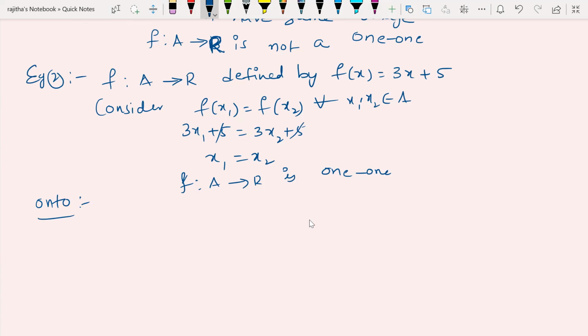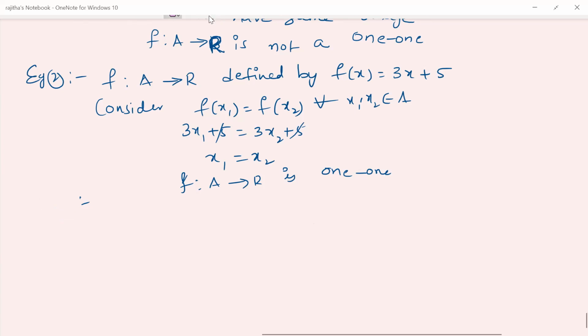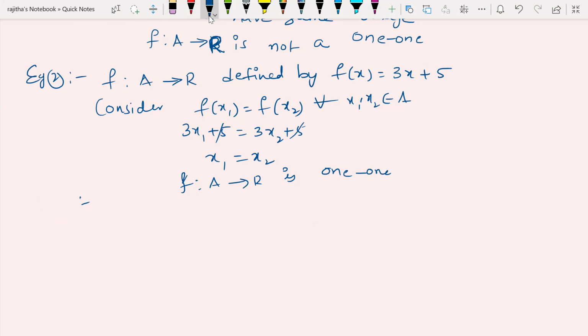For example, here I'm discussing many to one. If it is not one-one, it is many to one.